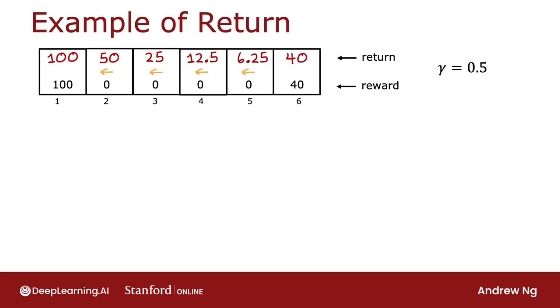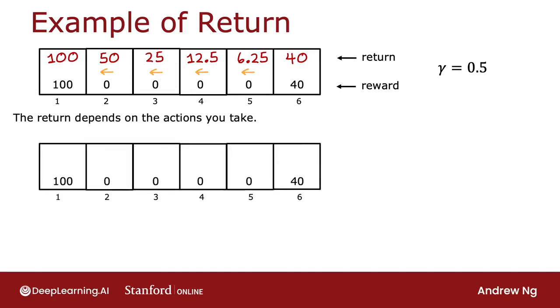Now, if you were to take a different set of actions, the returns would actually be different. For example, if we were to always go to the right, then if you were to start in state 4, get a reward of 0, then you get to state 5, get a reward of 0, and then get to state 6, and get a reward of 40.